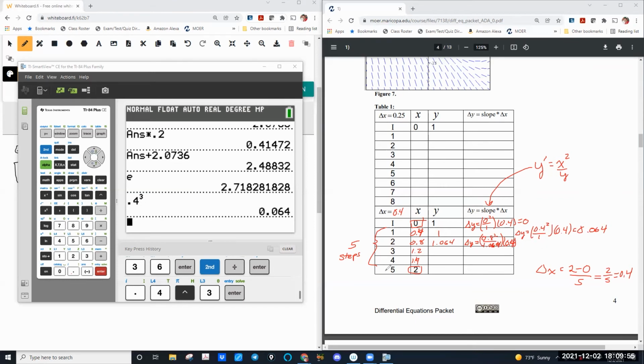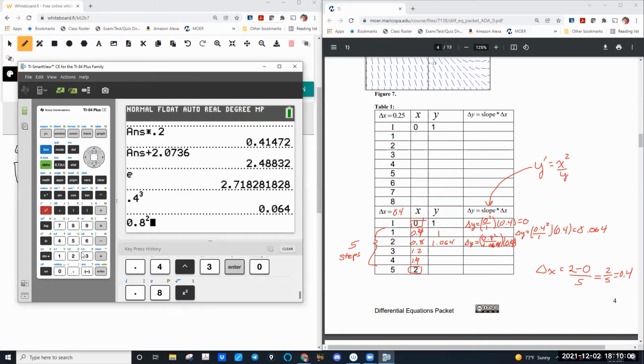But now we do exactly what it says. We do 0.8 squared divided by 1.064, and then times 0.4.